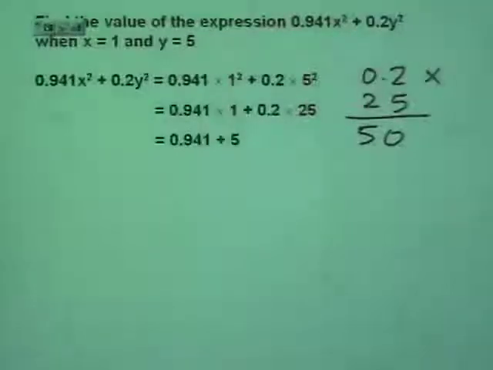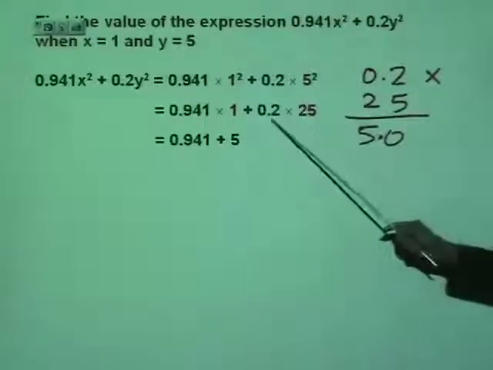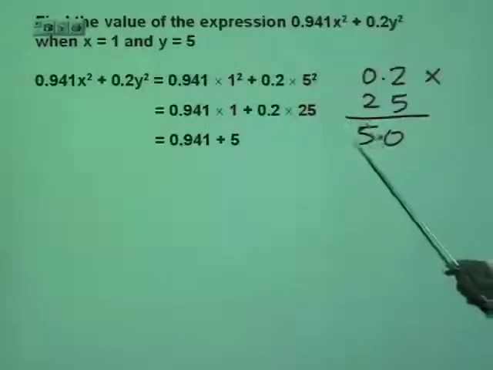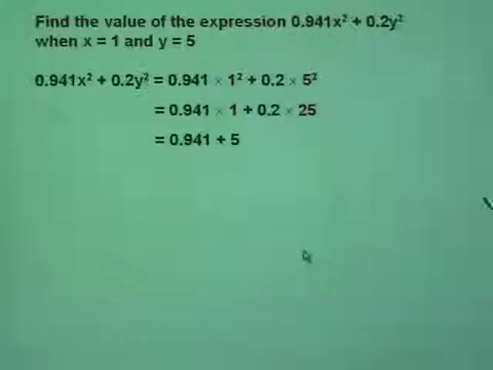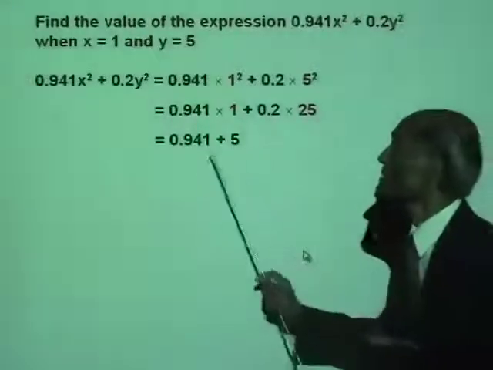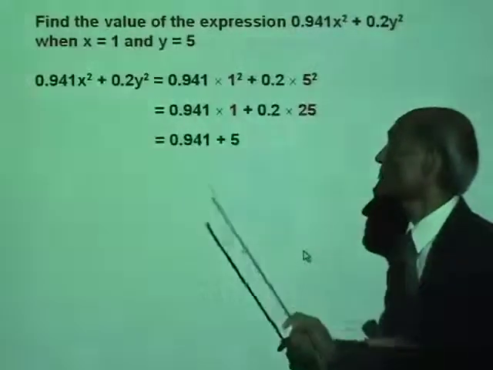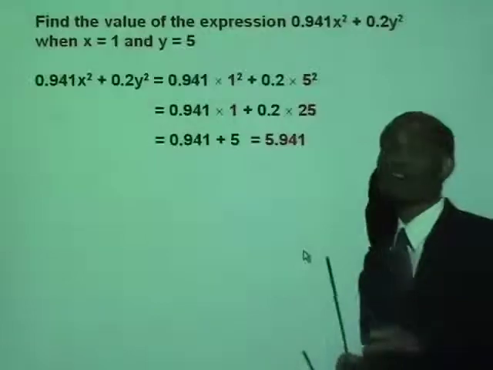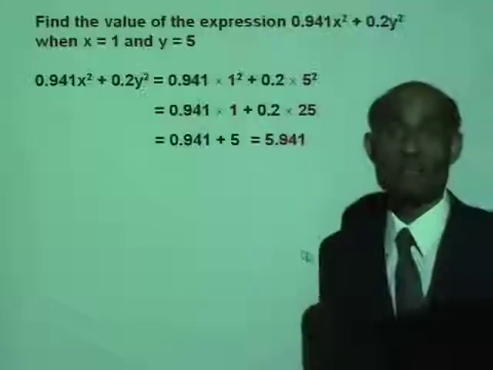So 0.2 multiplied by 25 is 5. There you go. Now, what is the sum of these? 0.941 plus 5 is 5.941.